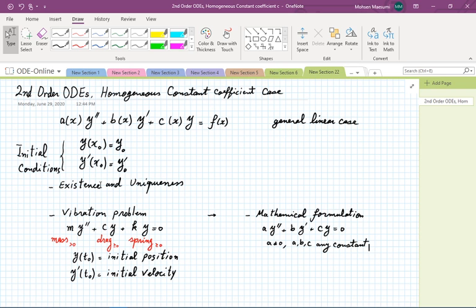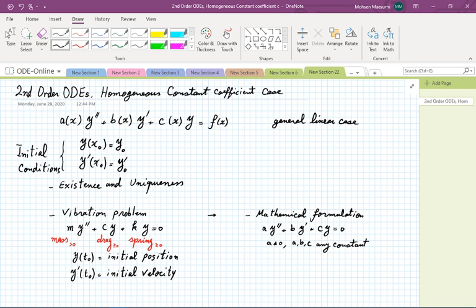Under appropriate conditions very similar to the first order equation, we have existence and uniqueness, meaning if you standardize this equation by dividing by the leading coefficient so that it becomes 1, then the domain of existence and uniqueness is a region where the three functions are continuous and which contains your initial condition.